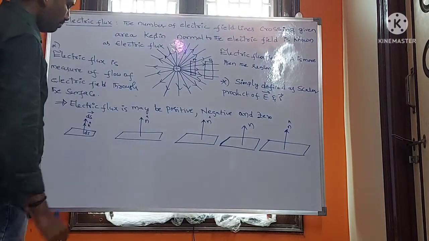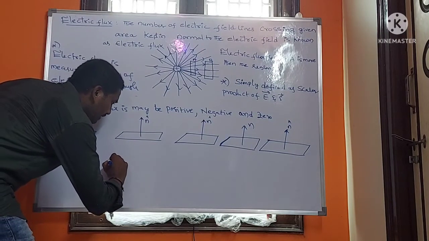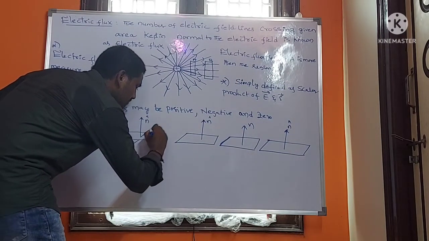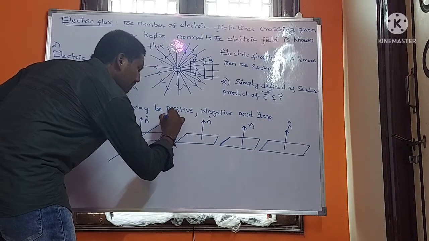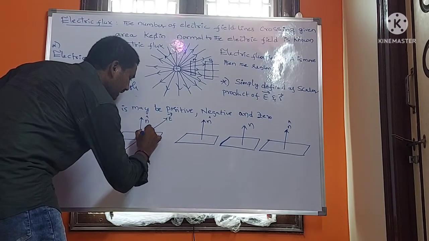For example, the electric field lines are passing through, and this is the angle theta.